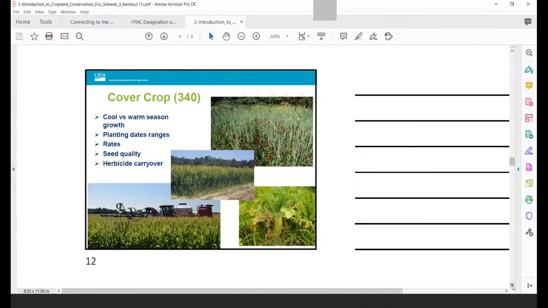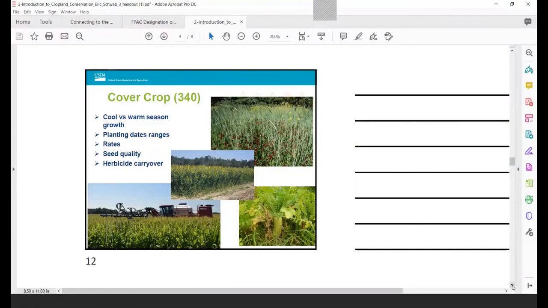So you have to understand, generally in the Northeast, we grow a lot of warm season crops. Corn and soybeans are all warm season crops, and we're looking for cool season cover crops. That's when we need to provide that seasonal cover. So understanding when the cover crop grows versus when you need that seasonal cover.